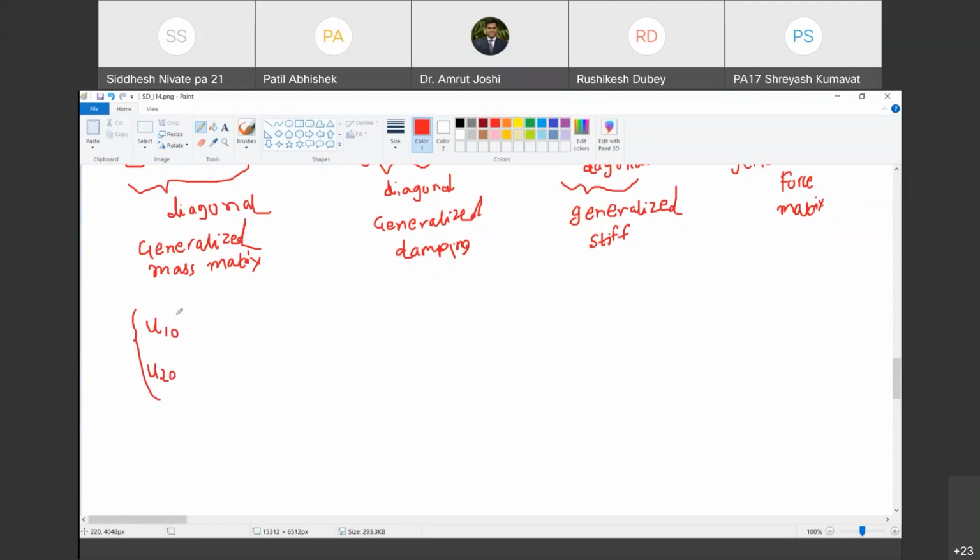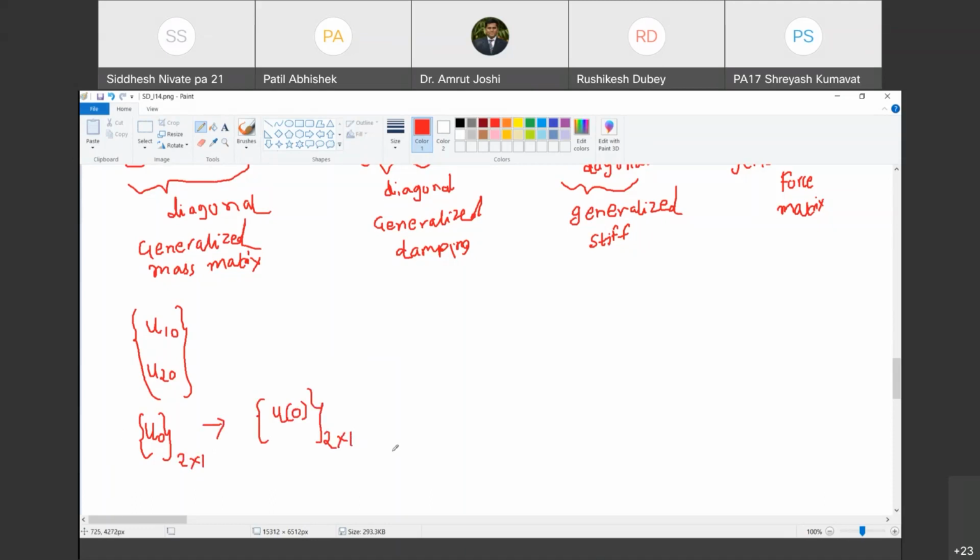Do you agree with me? Yes, sir. And I will give it a notation of U0. These are initial conditions on displacements of degrees of freedom involved in a system. Do you agree with me? Yes, sir. So what is the size of the U0 matrix? It is 2 cross 1. U0 in fact is nothing but evaluation of U at time t equal to 0. Are you with me? Yes, sir.